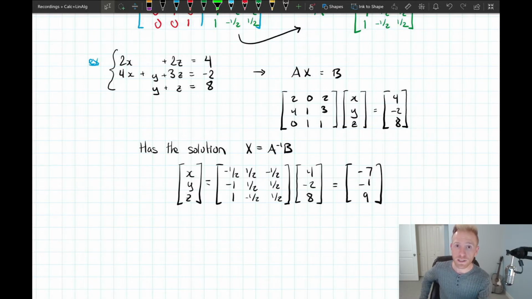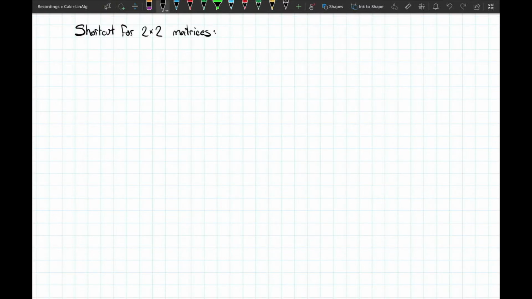Now, the inverse is a little bit tricky to compute, and as we've seen, it's not always possible. Sometimes we have a matrix that is singular, and it doesn't have an inverse. But let me show you a very quick way to find the inverse of a 2 by 2 matrix. For a 2 by 2 matrix, let's suppose that A is a, b, c, d. Now, to get the inverse there is a very quick shortcut.